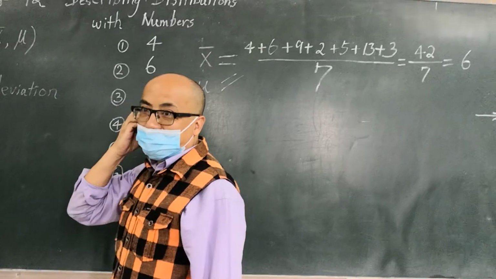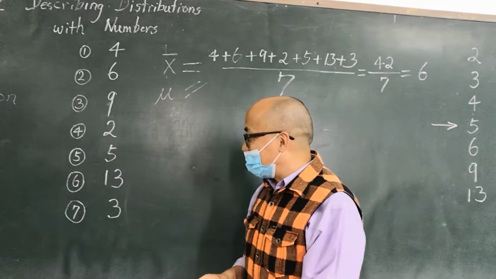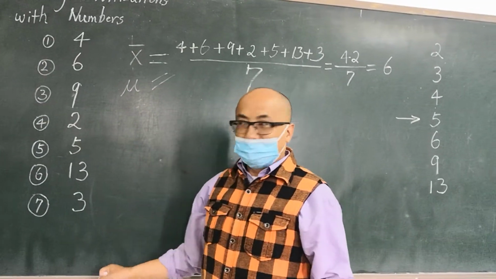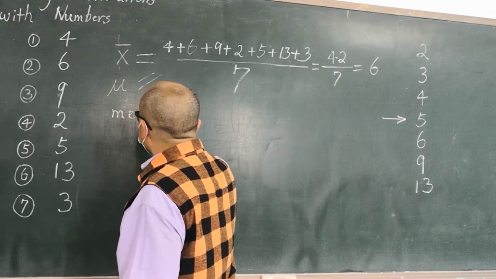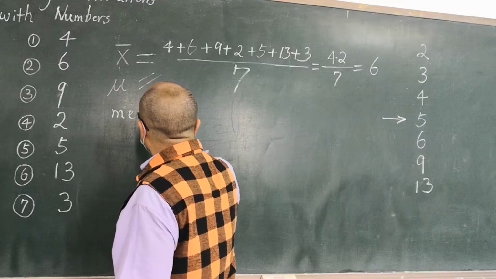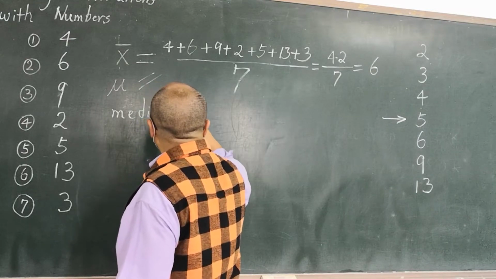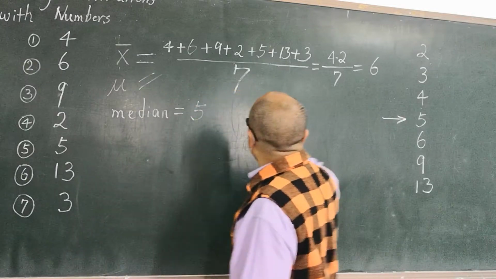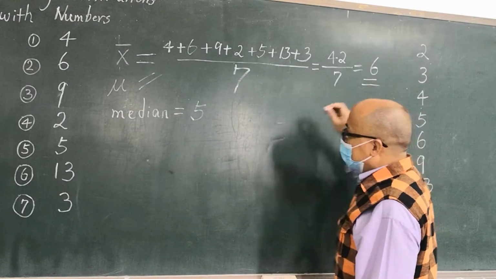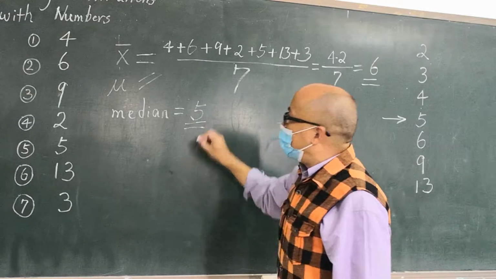It's just median. Most of the time they use English. The median is 5. The mean is 6.